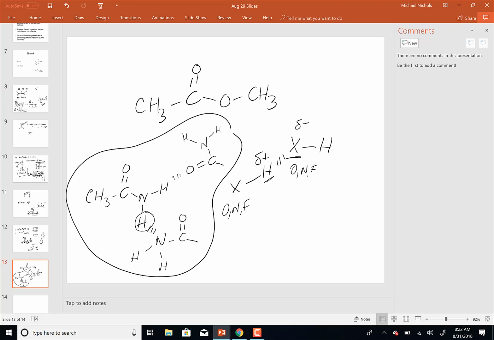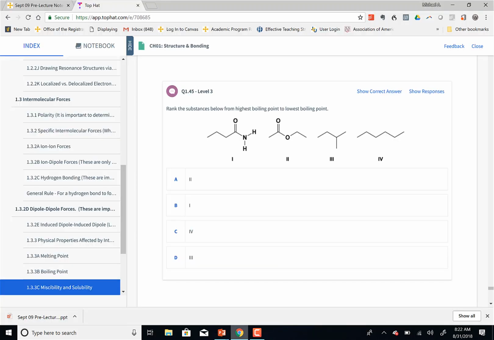So then going back to that problem, number one, the strongest interaction it can have with itself. And when it says highest to lowest boiling point, or what's the strongest intermolecular force that this molecule can have with itself, we have to remember that when we draw a structure like any one of those, in that pure material, there's billions of those molecules.